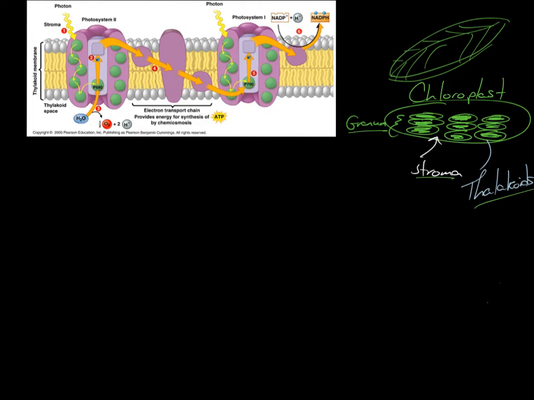All right, so when we're talking about photosynthesis, we're talking about something that's in numerous steps, okay? And the first set of reactions we're going to talk about are called the light reactions. And the reason we call them the light reactions is that they require light.